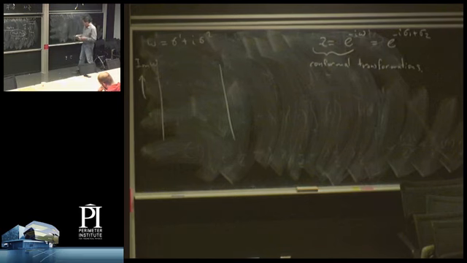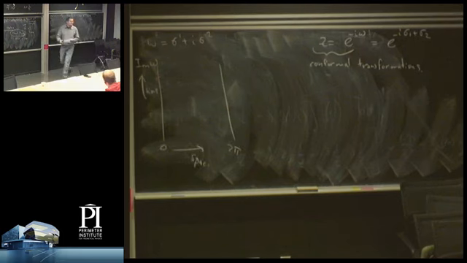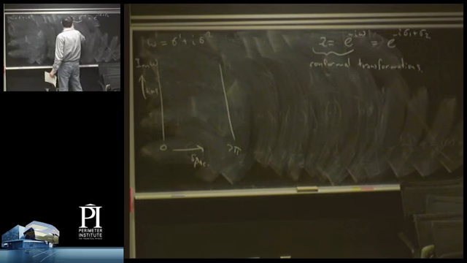The first complex variable is omega equals sigma 1 plus i sigma 2. The second variable is z equals e to the minus i omega, which is e to the minus i times sigma 1 plus i sigma 2. First of all, notice that they are related by a holomorphic transformation, so these are conformal transformations.